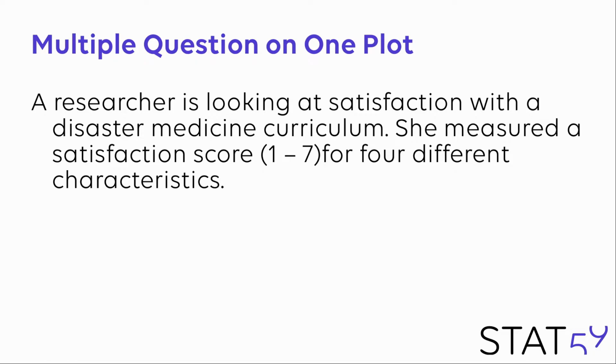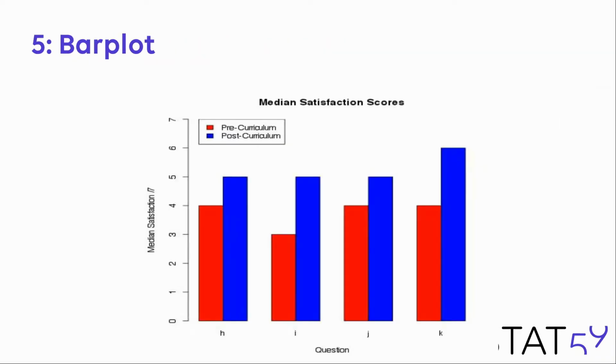In our next example, we're going to look at how to get multiple questions on one plot. So here, a researcher is looking at satisfaction with the disaster medicine curriculum, and she's measured a satisfaction score for 4 different characteristics. And here's a time when using a bar plot makes a lot of sense.